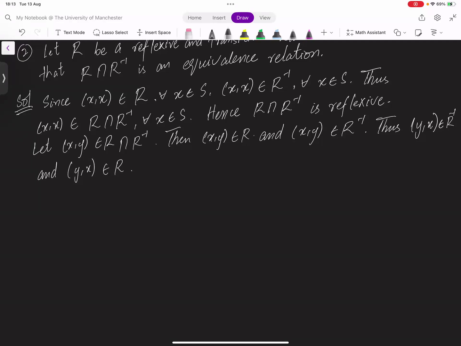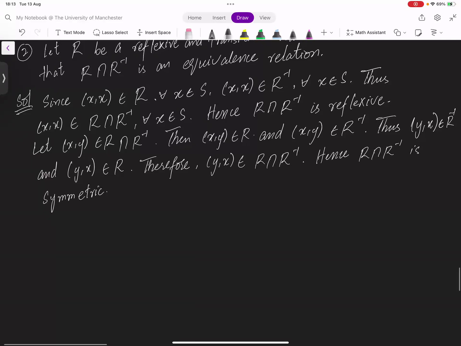Therefore, this ordered pair (y, x) is in the intersection, hence this intersection is symmetric. Perfect.